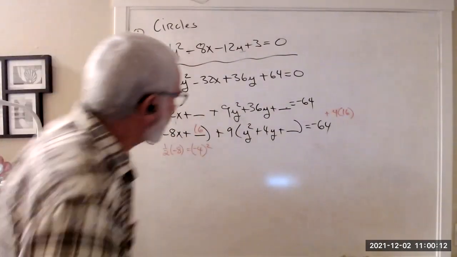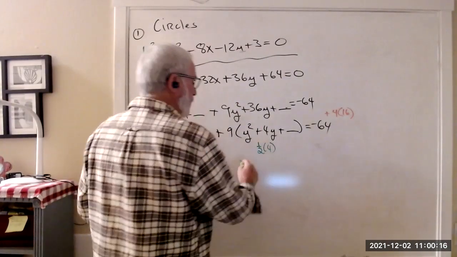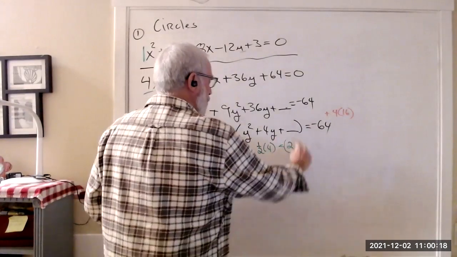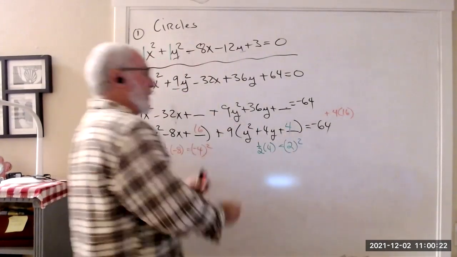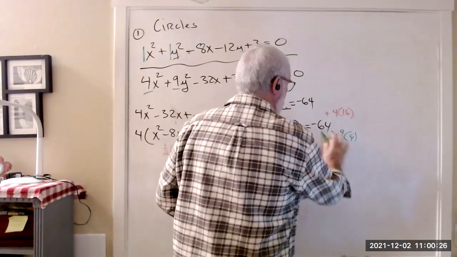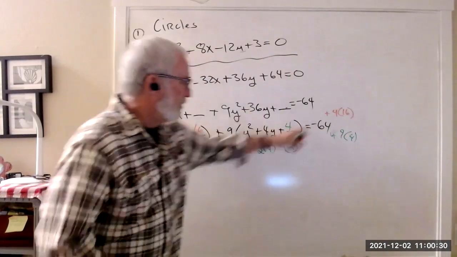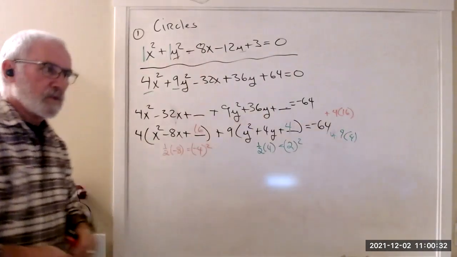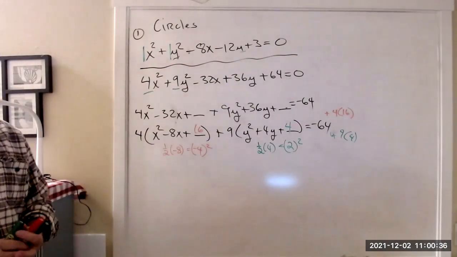Then we move inside here. We take half of the 4, which is 2, square it, which is 4. But that means we add 9 times 4. Okay, 9 times that 4. Now, before I go on, is that okay with everybody?